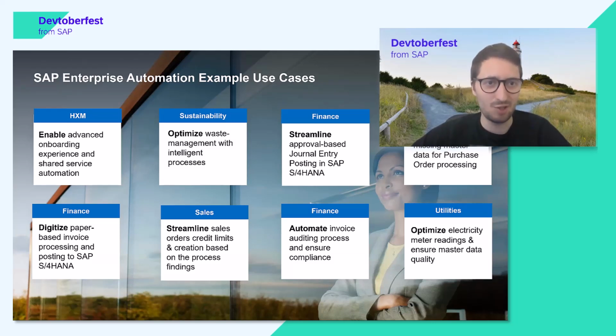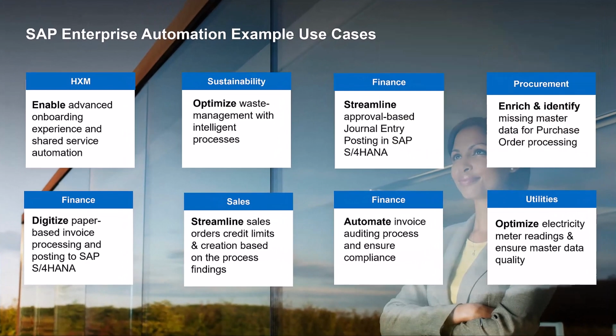As you can imagine, we are able to cover different areas of business and different industries, but let me highlight a few more common use cases now. When we talk about HR-related processes, we can straight away think of the employee onboarding experience.